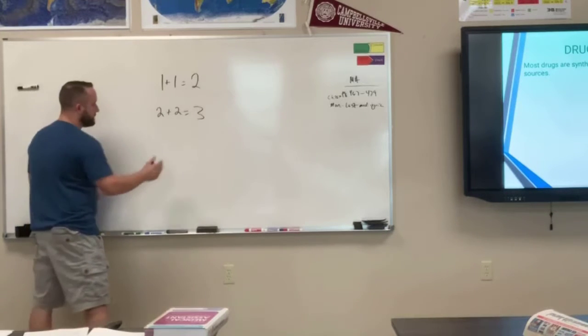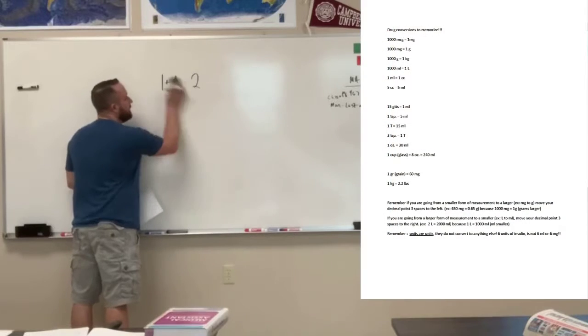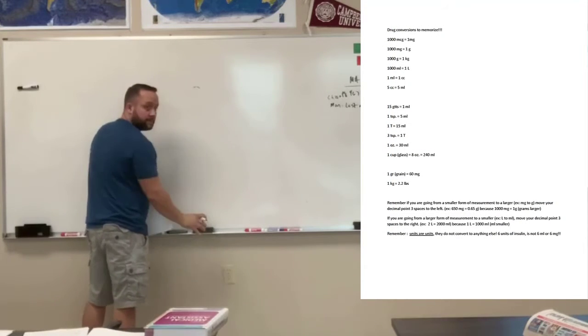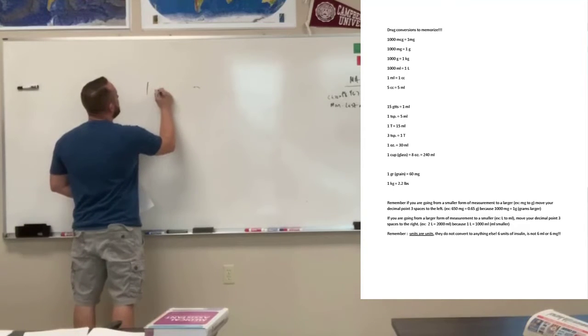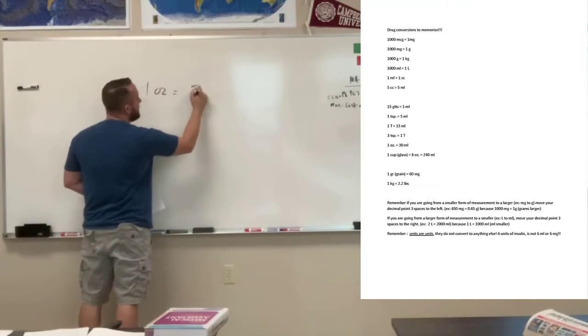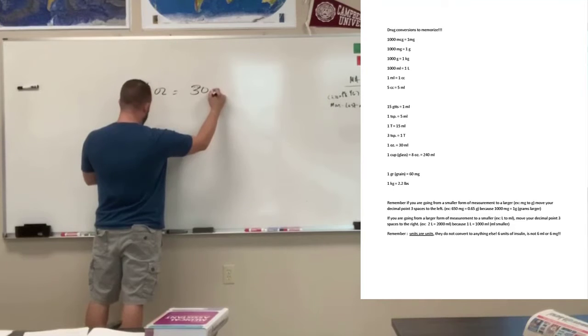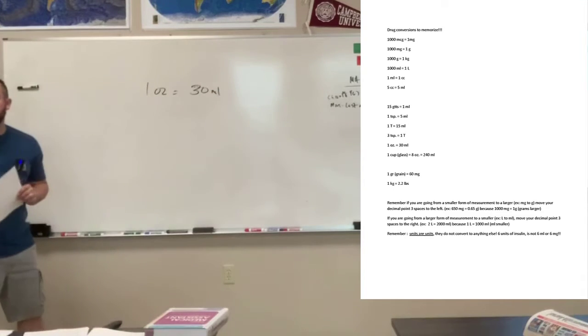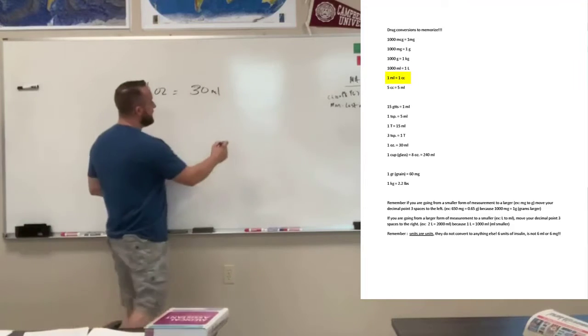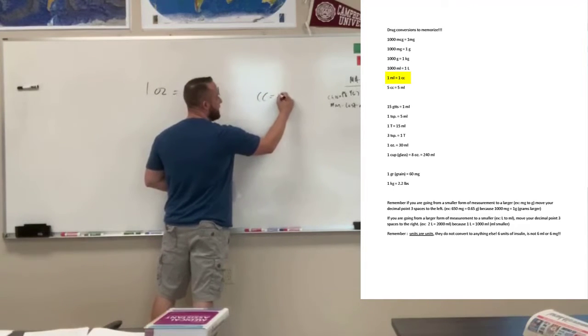If you look at 1 ounce, everybody can identify with an ounce, pretty much, right? 1 ounce of something. Well, that equals 30 milliliters, or cc's. Okay, the cc, cubic centimeter, is the same as a milliliter.